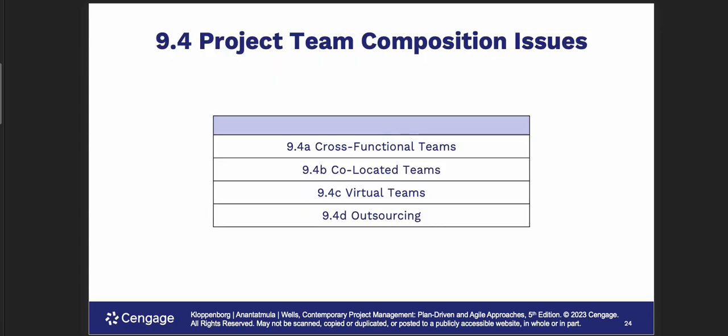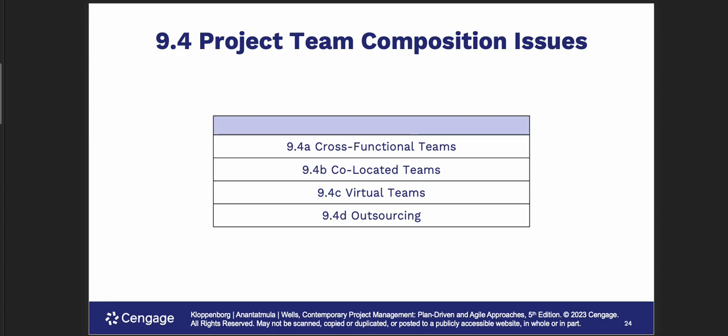Cross-functional teams. I've always had personally an affinity for cross-functional teams because I believe they're probably the best at achieving results because you've got the necessary skill sets within the team from the get-go. Co-located teams, meaning they're in the same building or the same area. That can be advantageous.